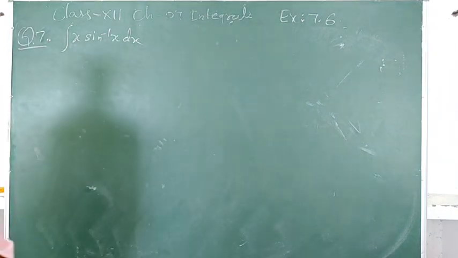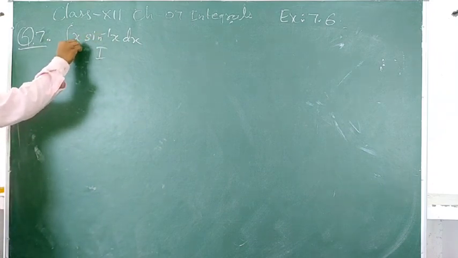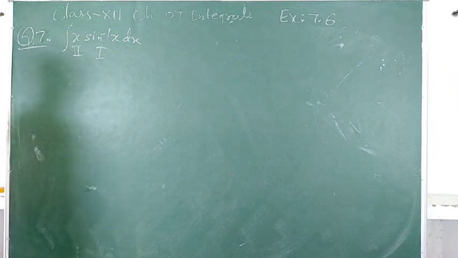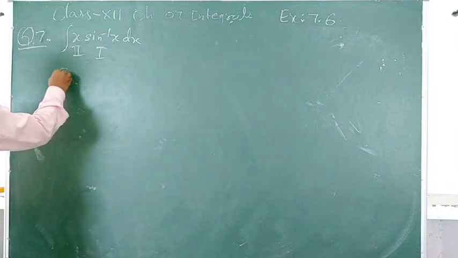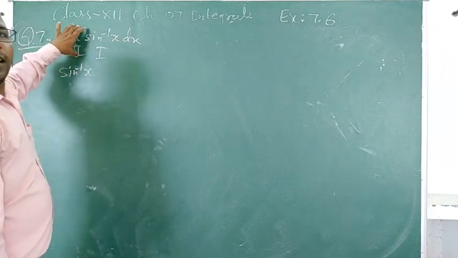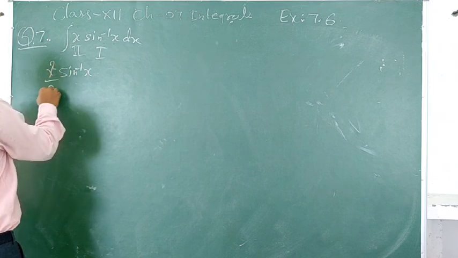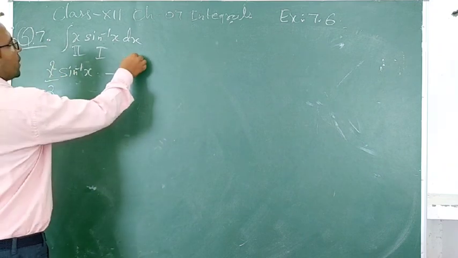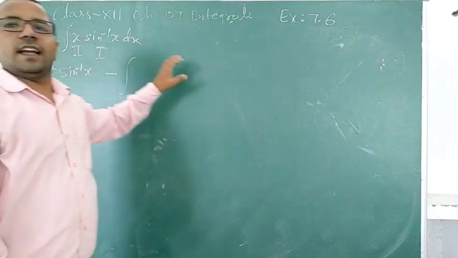So students, inverse comes first, so it is the first function, and algebra will become the second function. So the first function is sin inverse x, the integral of the second function x, how much do you get here? x square by 2, minus the integral of the differentiation of the first function sin inverse x.